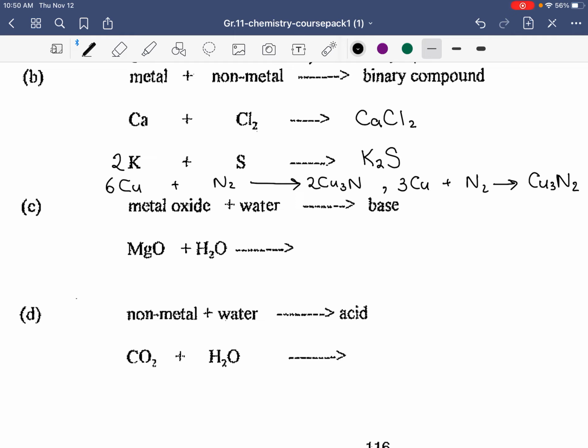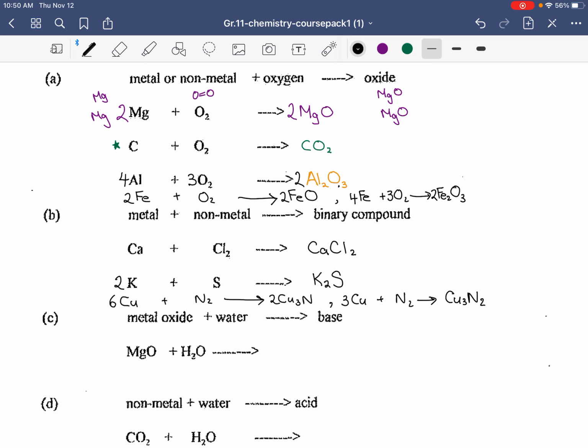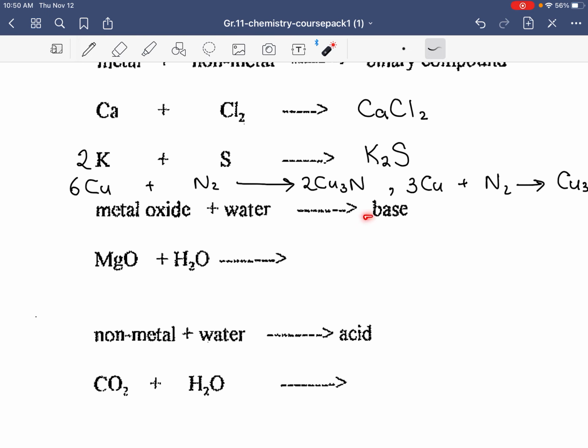Oh, this is great. Metal oxide reacting with water. Back when we were doing part A, we made a couple of metal oxides. These are also metal oxides. If you take these metal oxides and put them in water, what you'll get is something called a base. Now, we all know what bases are. Bases are metal hydroxides.